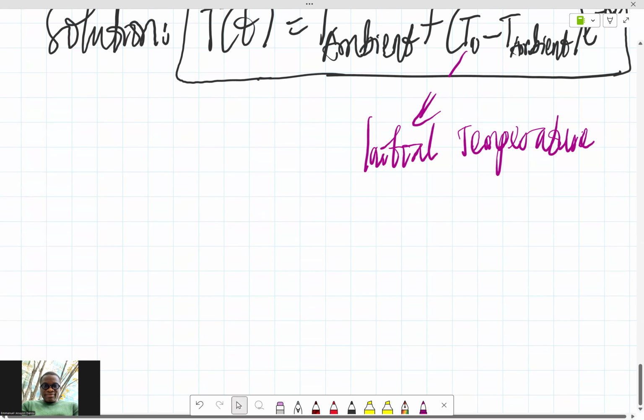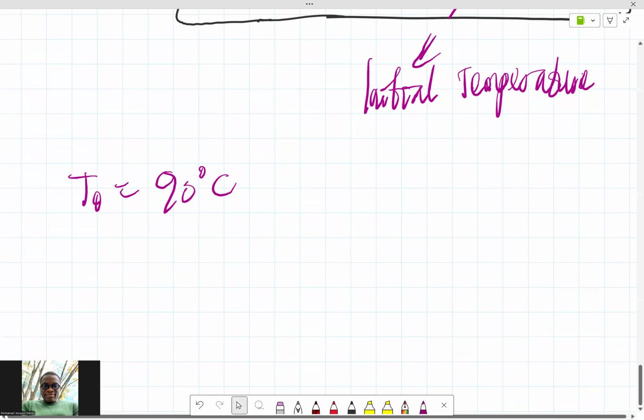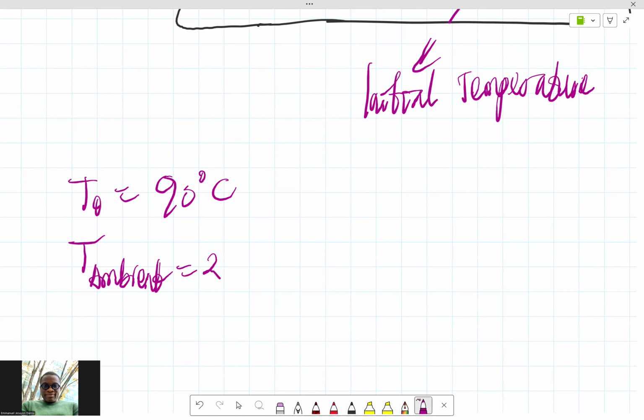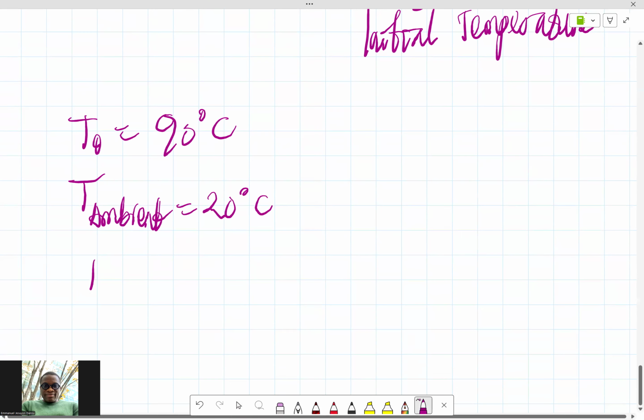If we have a particular instance, say an object at an initial temperature, T naught, of 90 degrees centigrade is placed in a room where the ambient temperature is 20 degrees centigrade, and the cooling constant, K, is 0.05.